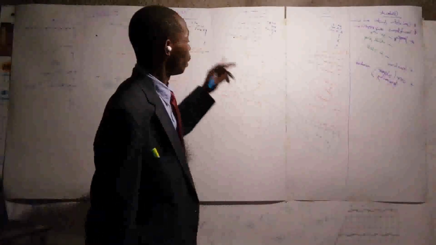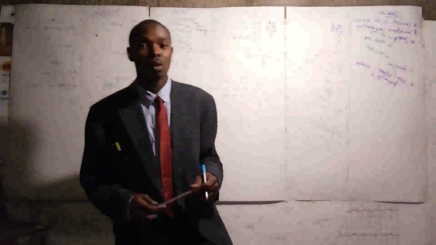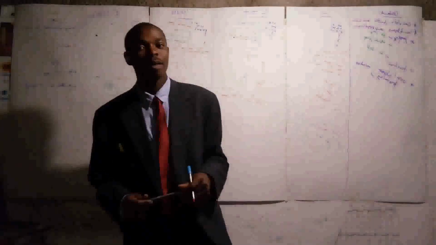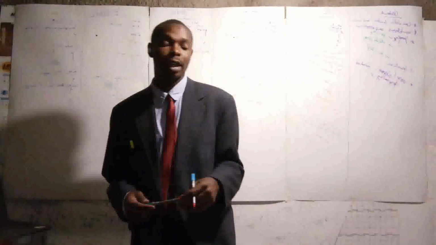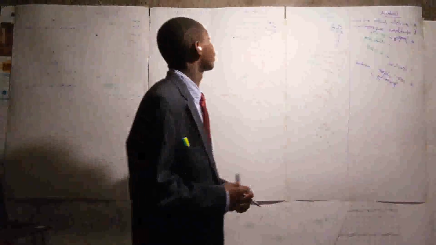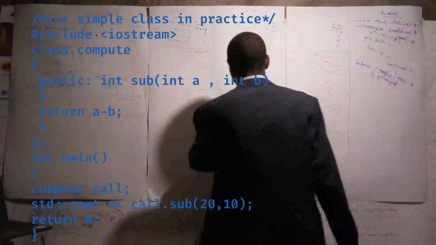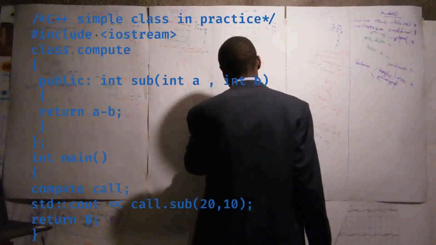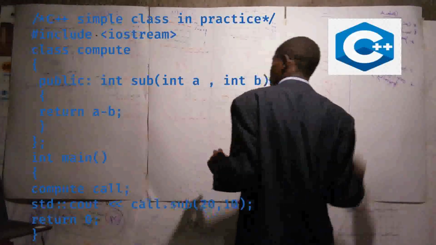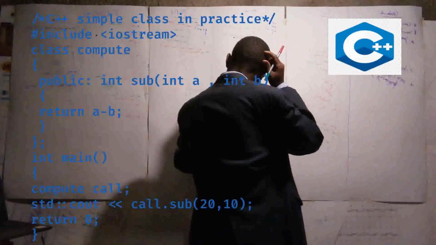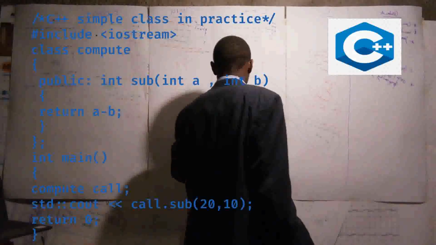For this example, let's make a class that has a function for subtracting two numbers. After subtracting the two numbers, we have a function that prints the result. Suppose we have the class in C++: we include iostream, the class name is class, open.